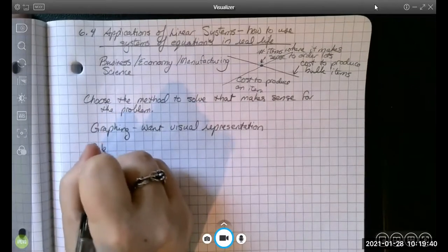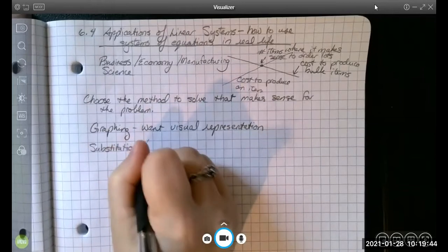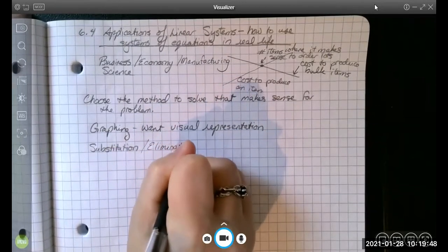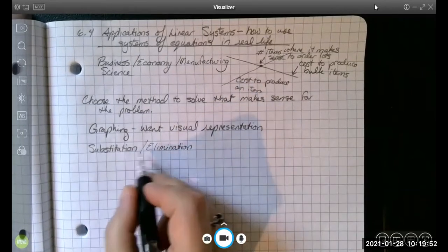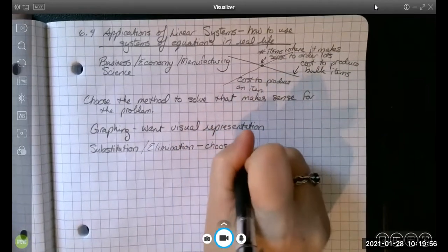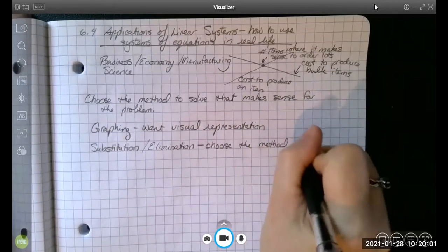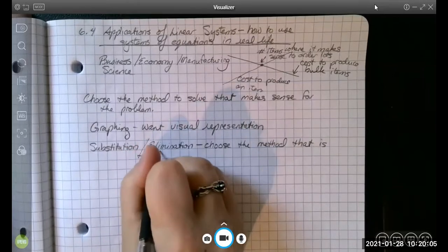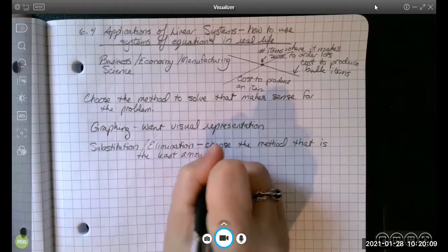For substitution or elimination, I was talking with a student this morning, and he really summed up when to choose which one of these. He said, choose the method that is the least amount of steps.